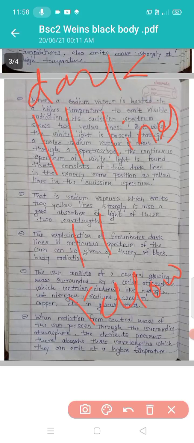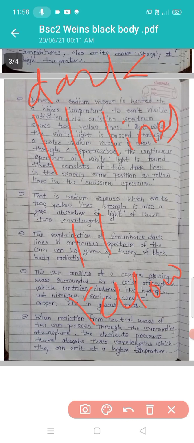That is, the sodium vapor which emits two yellow lines strongly is also a good absorber of light of these two wavelengths.